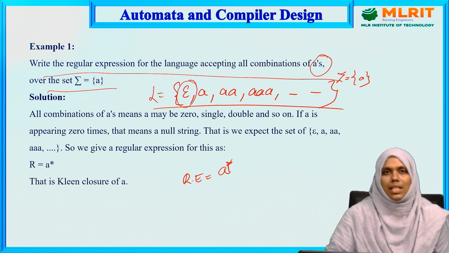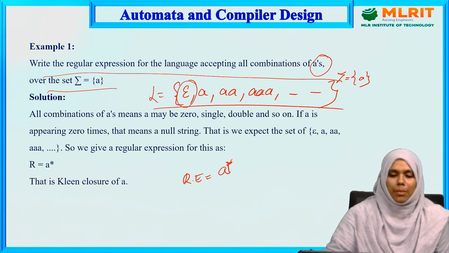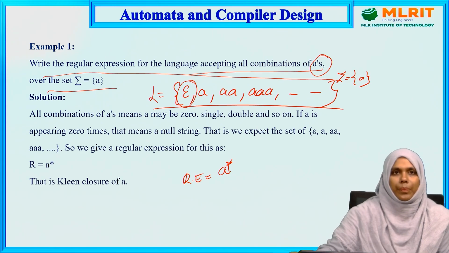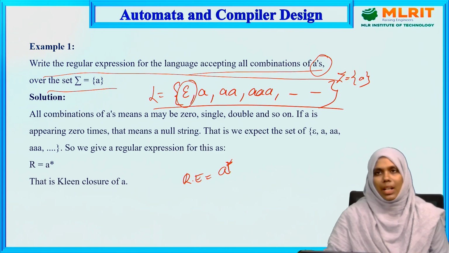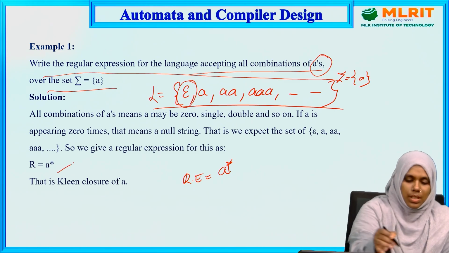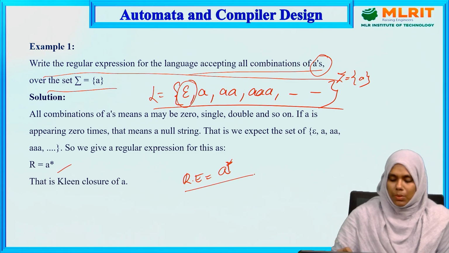That means it has a combination of 0 A's or more A's, because it is clearly said that it should accept all combinations of A's, so it can be any number of A's, n number of A's also. So this is the answer for the above question.